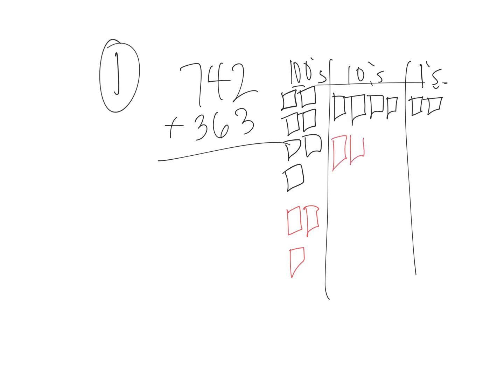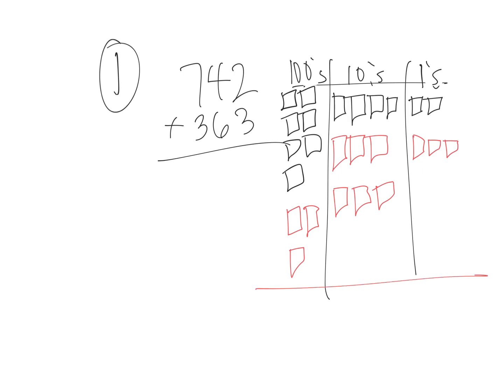And last, how many ones do I need to add? Yes, 3 ones. Okay, go ahead and push pause to give everybody time to finish writing down their numbers on the place value chart, and then you'll push play when everyone is ready.